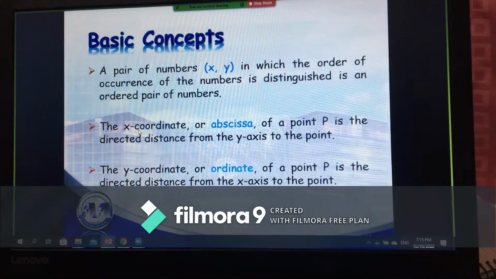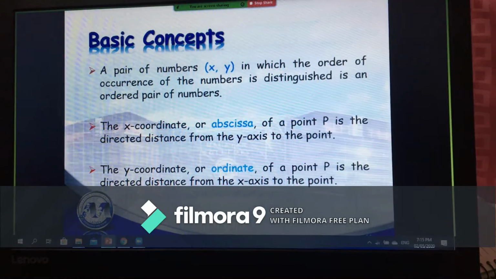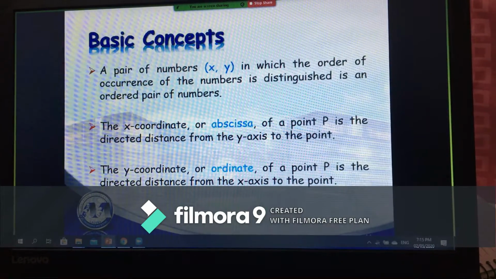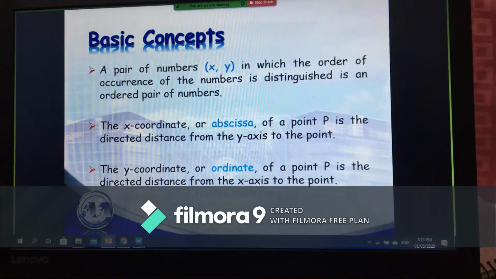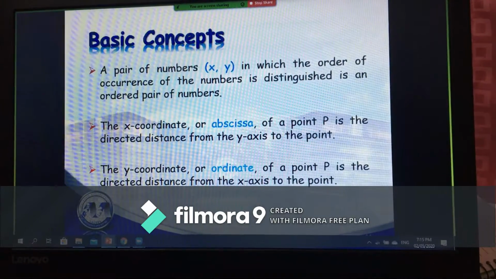Pag sinabi natin na x coordinate, or sometimes we call it abscissa, so iyon yung directed distance from the y-axis or from the vertical line to the point.